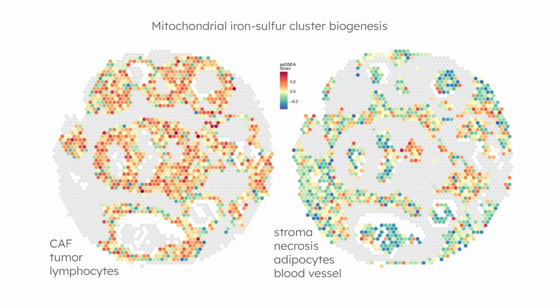So here you can clearly see that for these annotation types, it seems to be more enriched than the other annotation types. So this was just to give you an idea of how you can use the package to explore just the mitochondrial activity on your data.